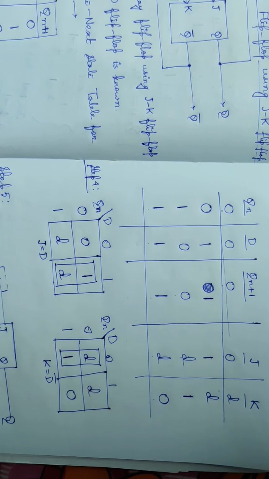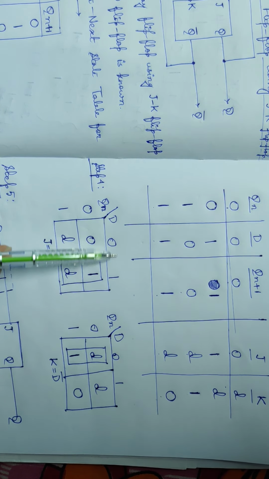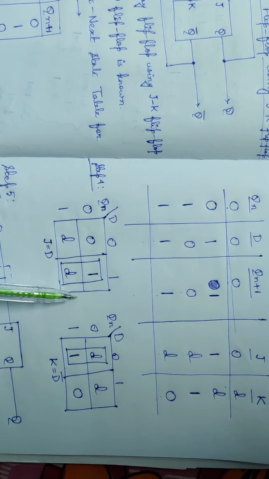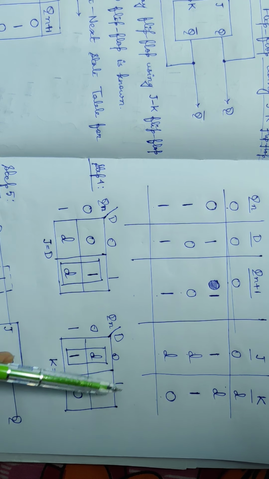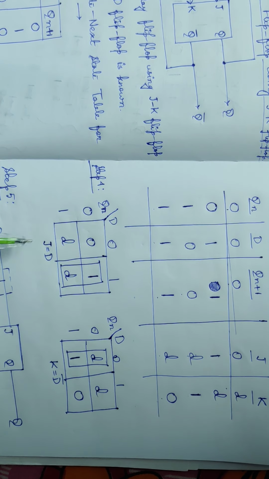So you can see here there are two K-maps. The first K-map is to find out the expression of J and the second K-map is to find out the expression of K. So coming to the first K-map.